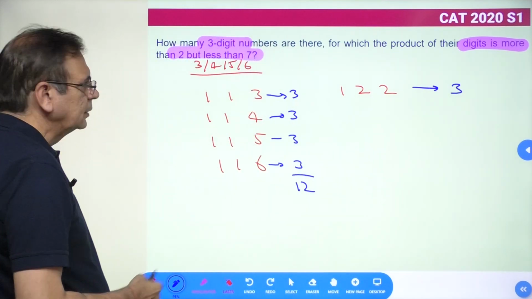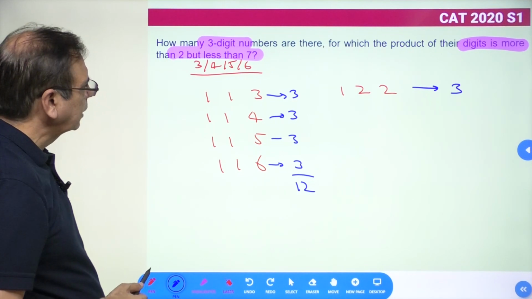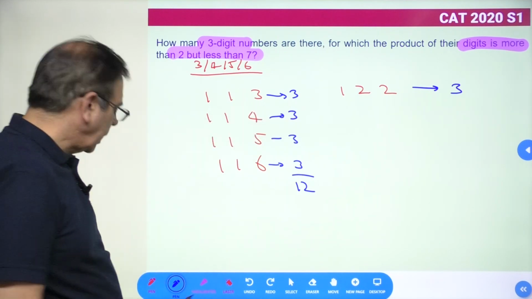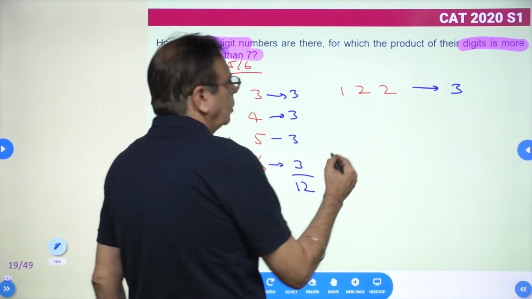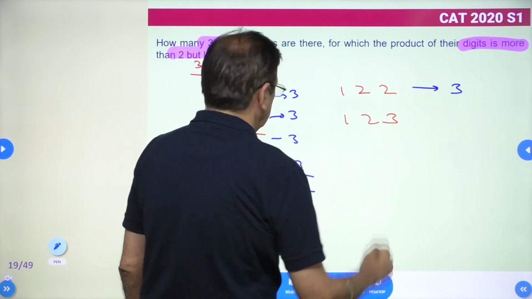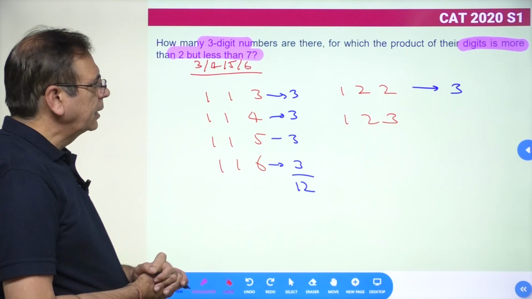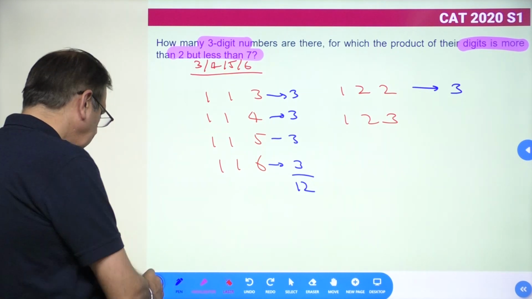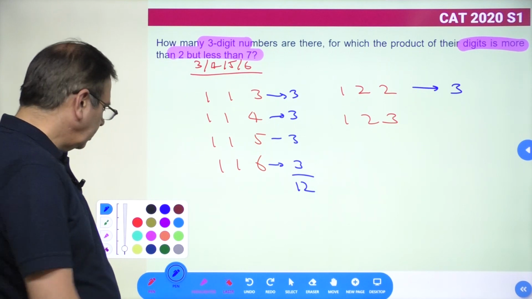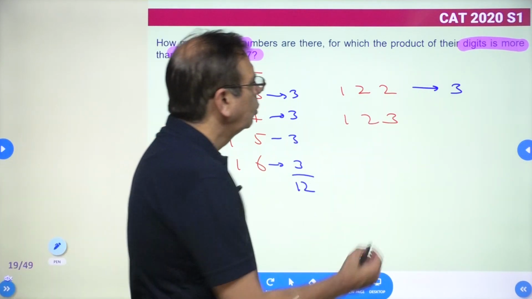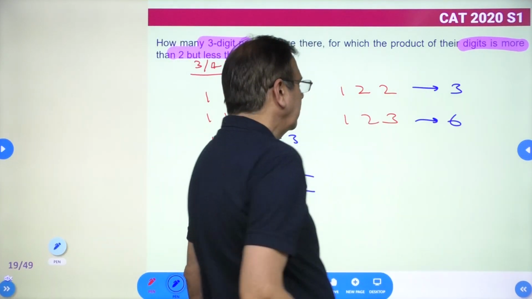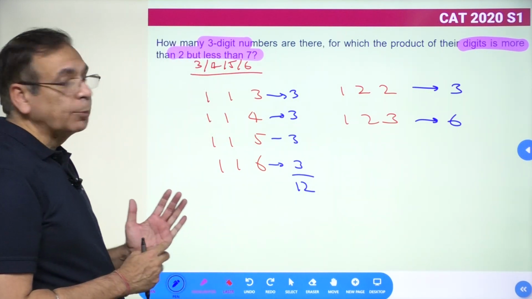Okay, and any other case? So we have got the product for 1 2 2. Next we can take 1 2 3. Okay, 2 1s we cannot take, 2 2s we have taken. Okay, so 1 2 3. How many ways? 3 into 2, 6. So 6 possibilities here.